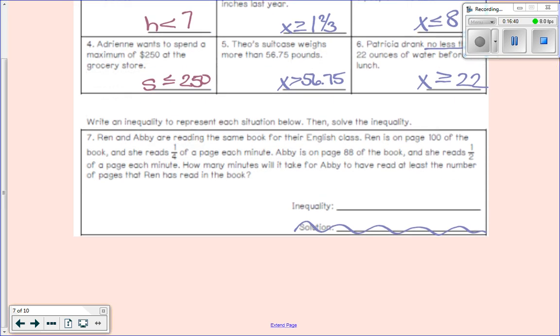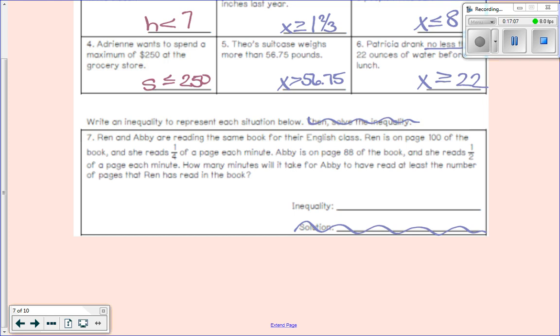All right, so write down below. If you could cross out the solution, we will not be solving inequalities. We're going to write inequalities to represent each situation below. We are not going to solve the inequality. You can just scratch that out if you would like. Ren and Abby are reading the same book for their English class. Ren is on page 100 of the book, and she reads 1/4 of a page each minute.